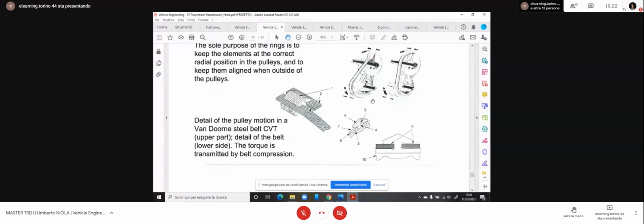The only problem is that friction is needed, so usually they are dry devices, and the problem remains of wasted heating from the friction.